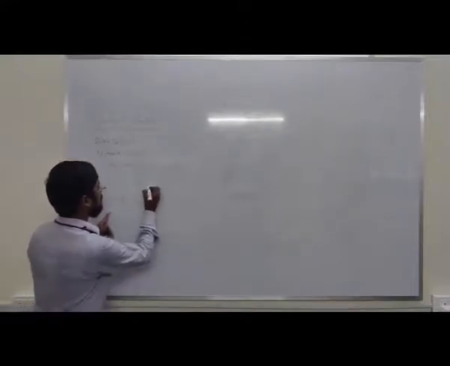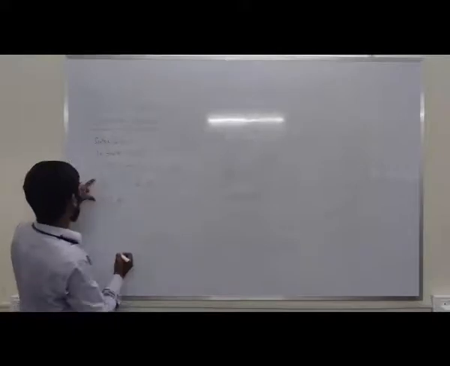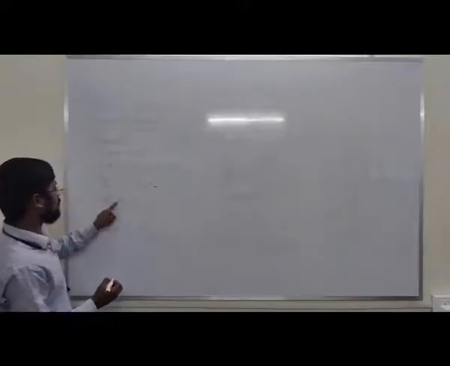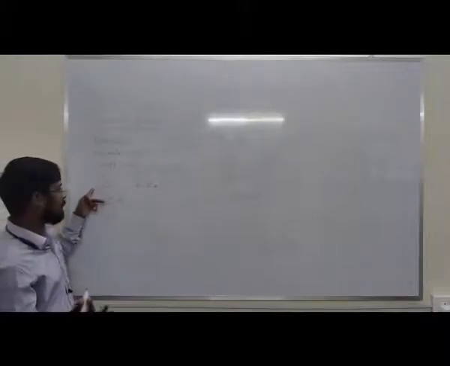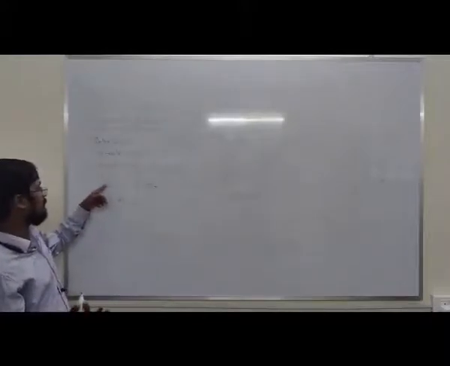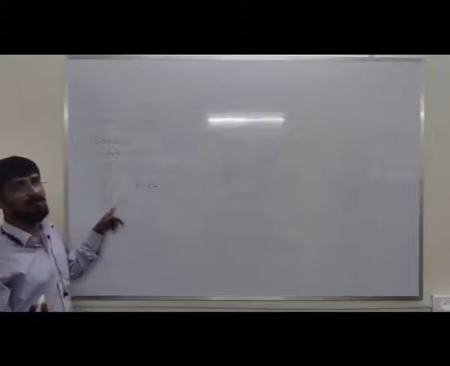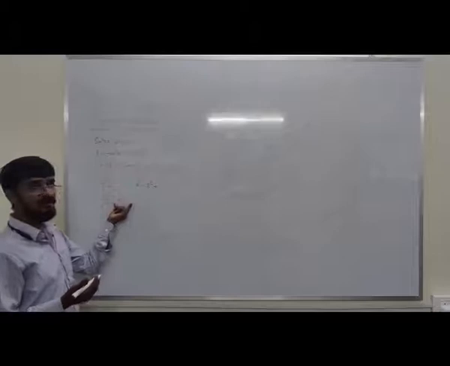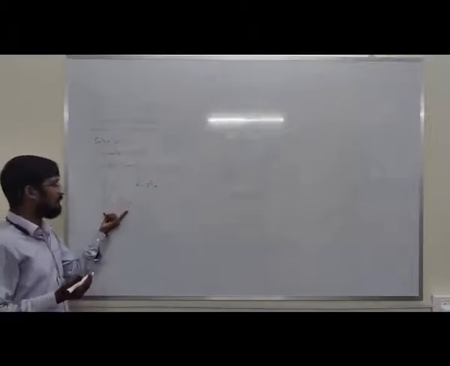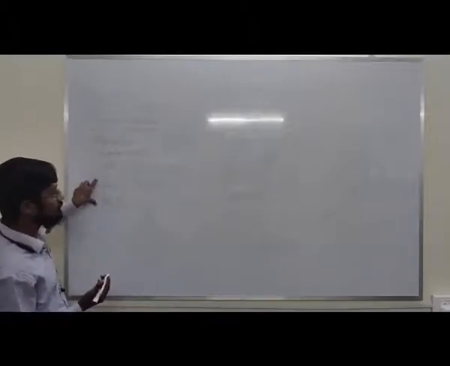The opposite of that, with respect to the reference angle you are taking, will always be the perpendicular. It can interchange: if you take the other angle as theta, then AB will become the perpendicular and AC will become the base. Now, as I am taking this theta as my reference, AB will be my base and AC will be my perpendicular.